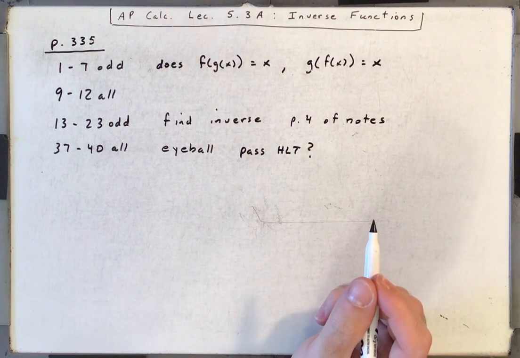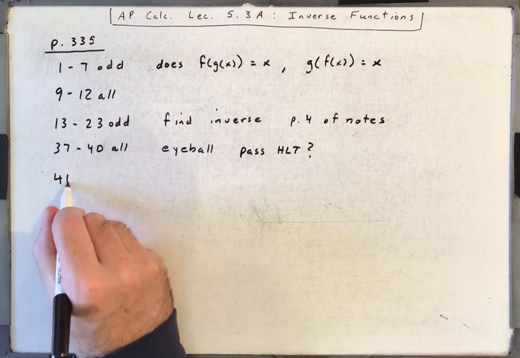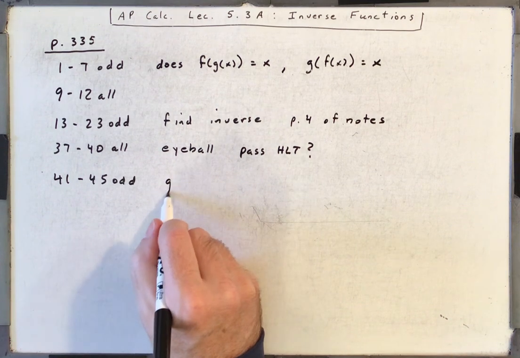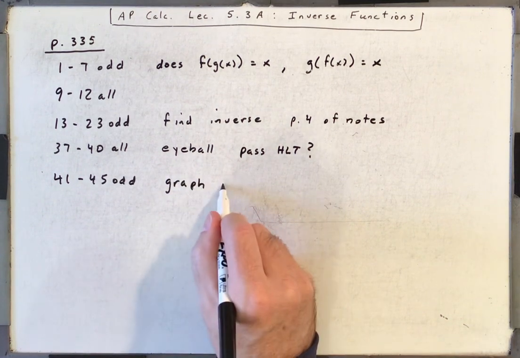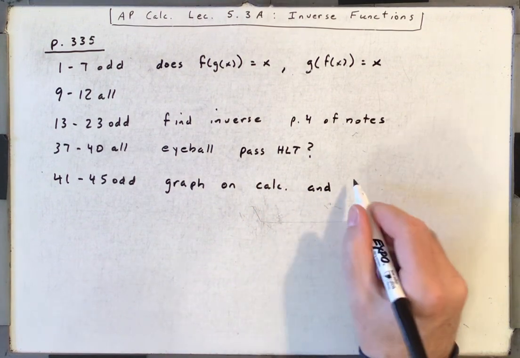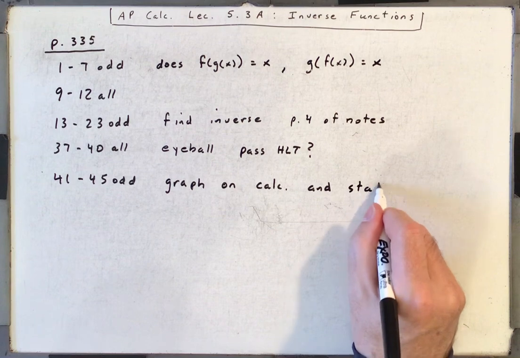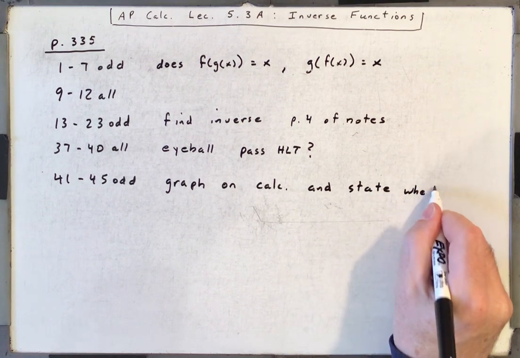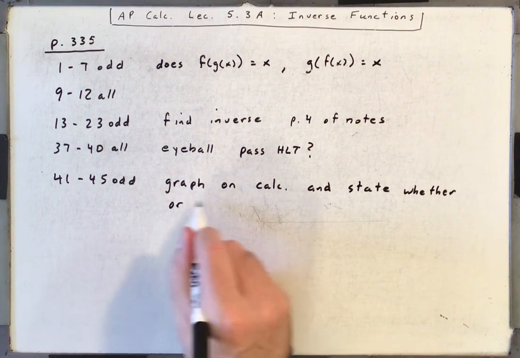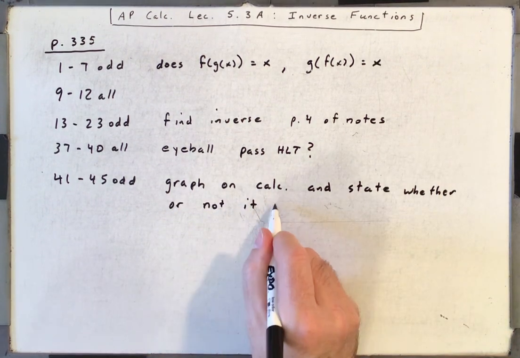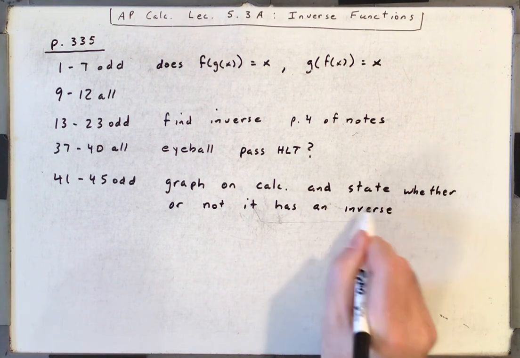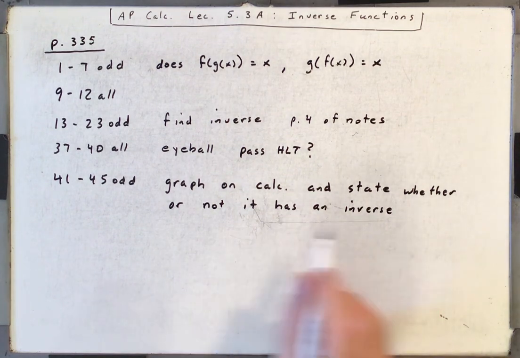All right, and give your answer on that. 41 through 45, I want you to graph on your calculator and state whether or not it has an inverse. Okay, so does it pass the horizontal line test or not?